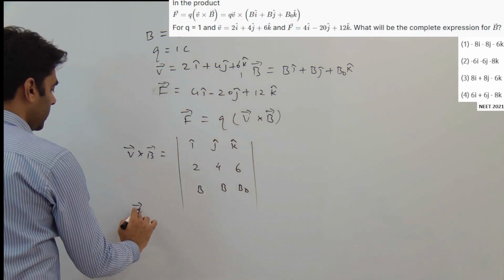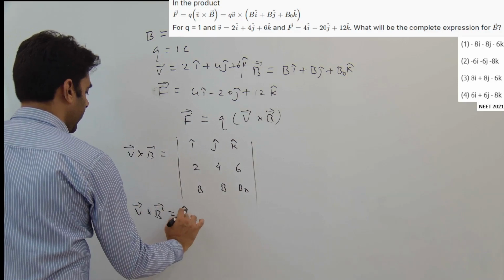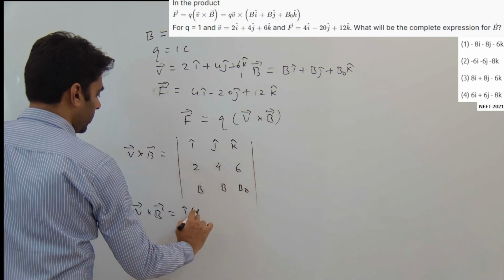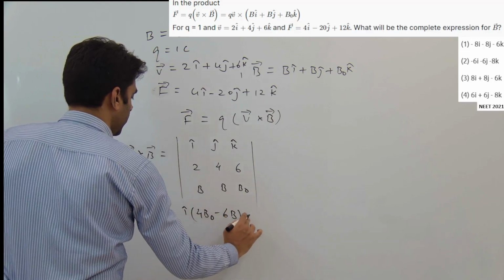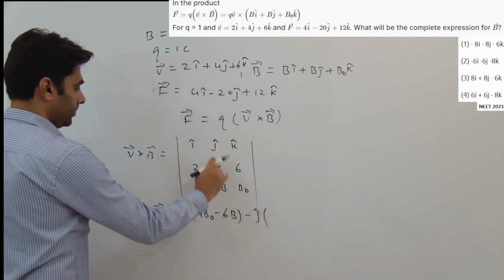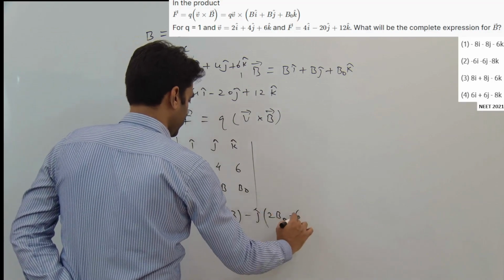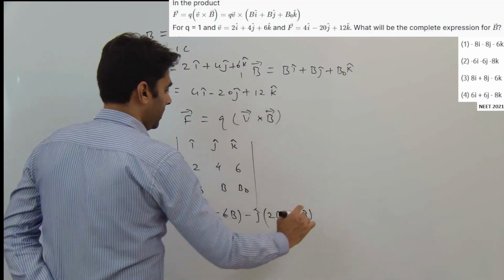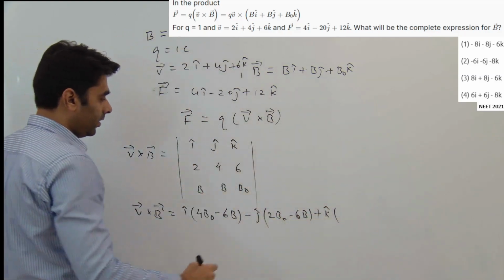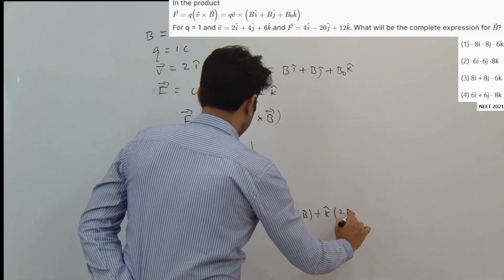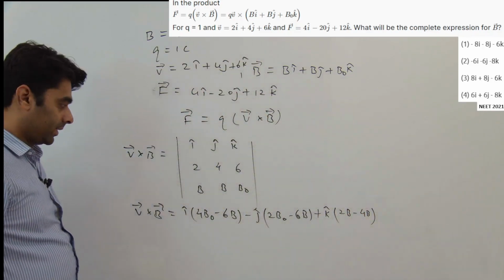So V cross B comes out to be, if we solve it, we have I cap, 4b naught minus 6b, minus j cap, 2b naught minus 6b, plus k cap, we will get 2b minus 4b. Okay, let us simplify.